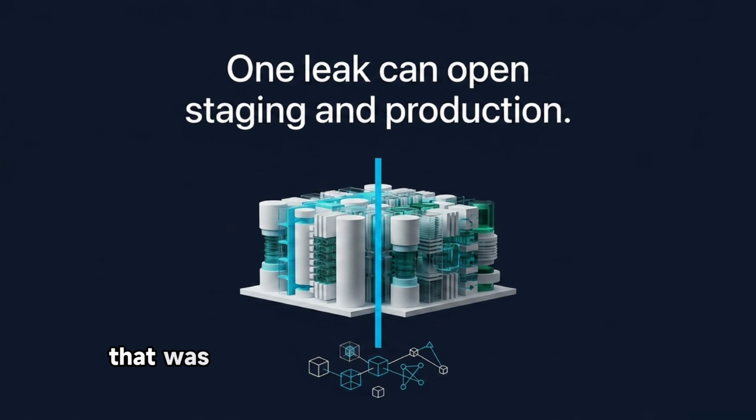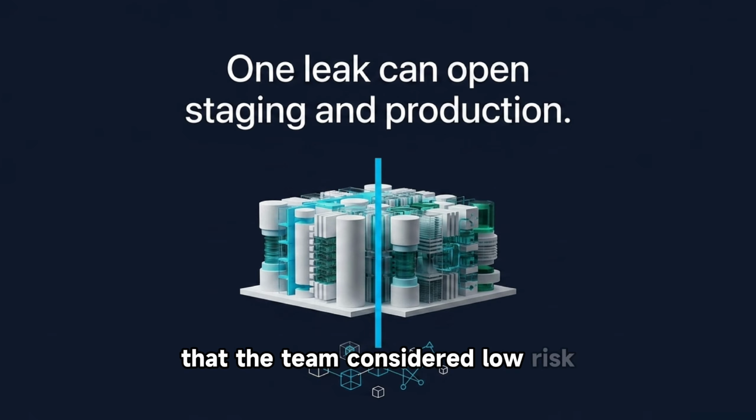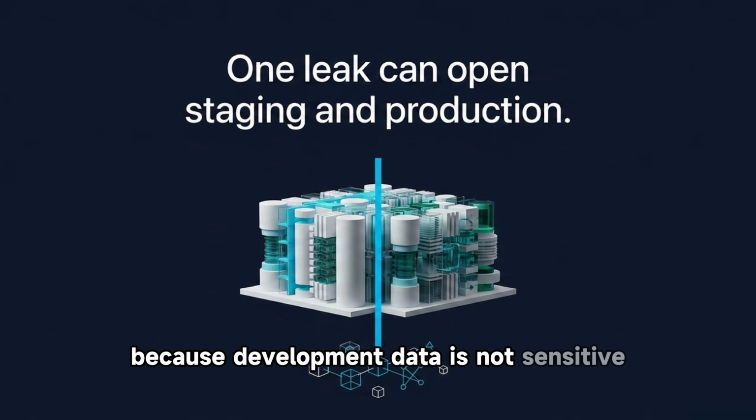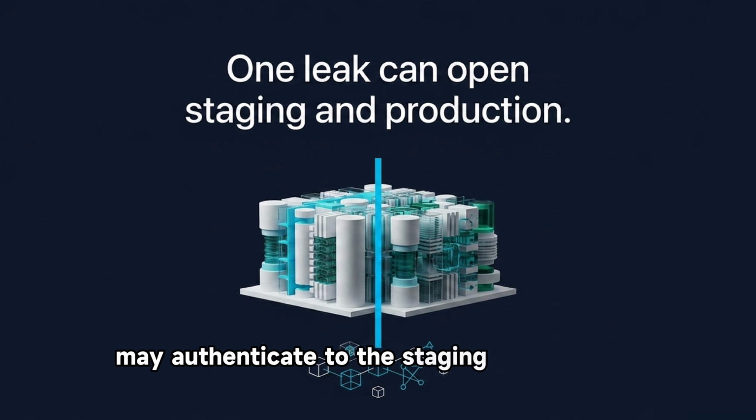The credential that was found in a development environment config file that the team considered low risk because development data is not sensitive may authenticate to the staging environment, which has a copy of production data taken 2 weeks ago for testing purposes, which has never been through the same access control review as production.